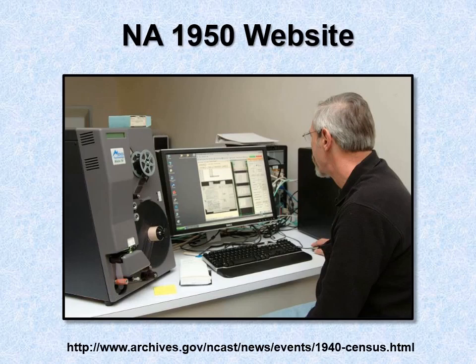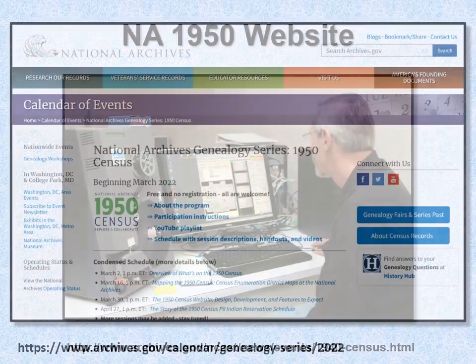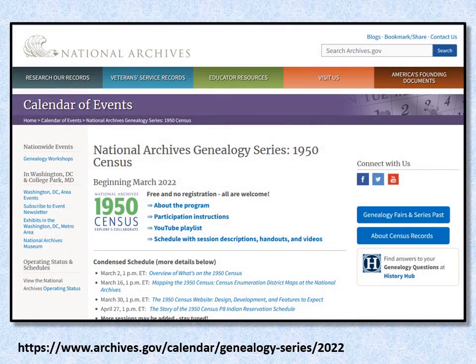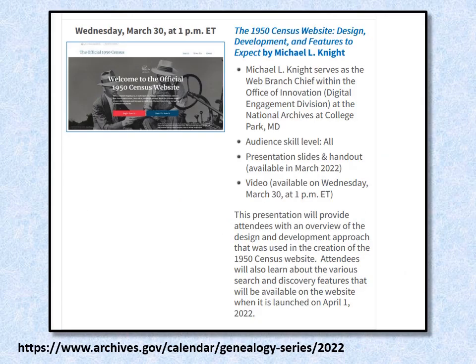This is how they did it. In 1940, their equipment to digitize film. In addition to that, the National Archives film series, I told you about that earlier, is going to have a talk on the 1950 Census website, design, development, and features to expect.